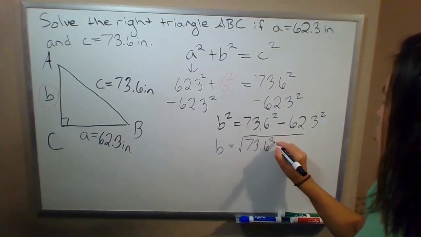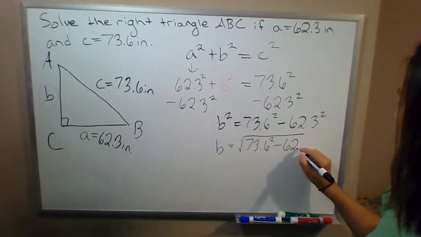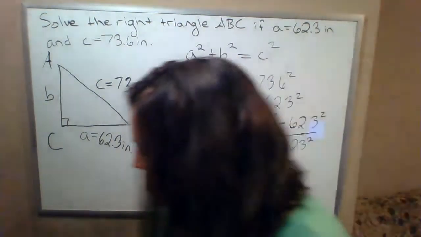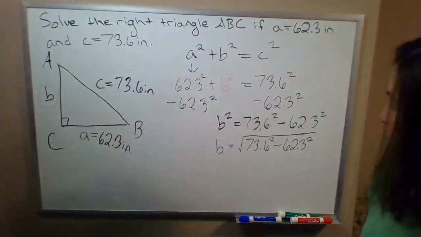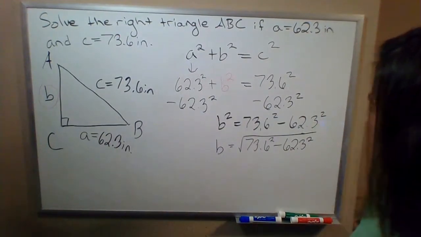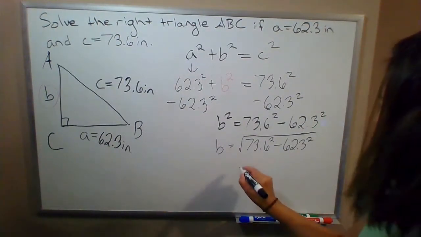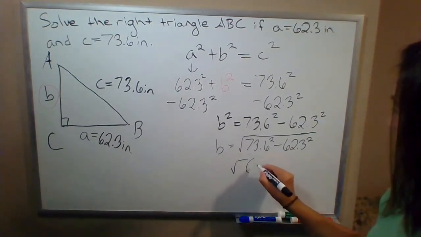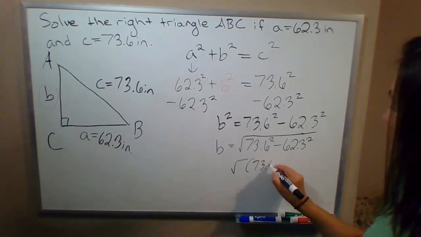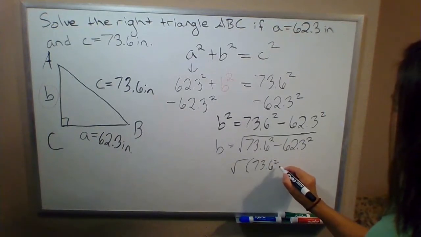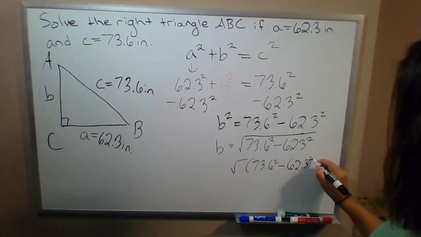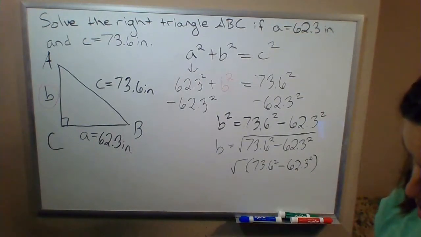It's best to do these computations with the calculator all at once so we can limit any round-off error. So I would advise you to input this all at once. So you'll enter the square root function and then a parentheses so you can enter the 73.6 squared minus 62.3 squared in the parentheses there.